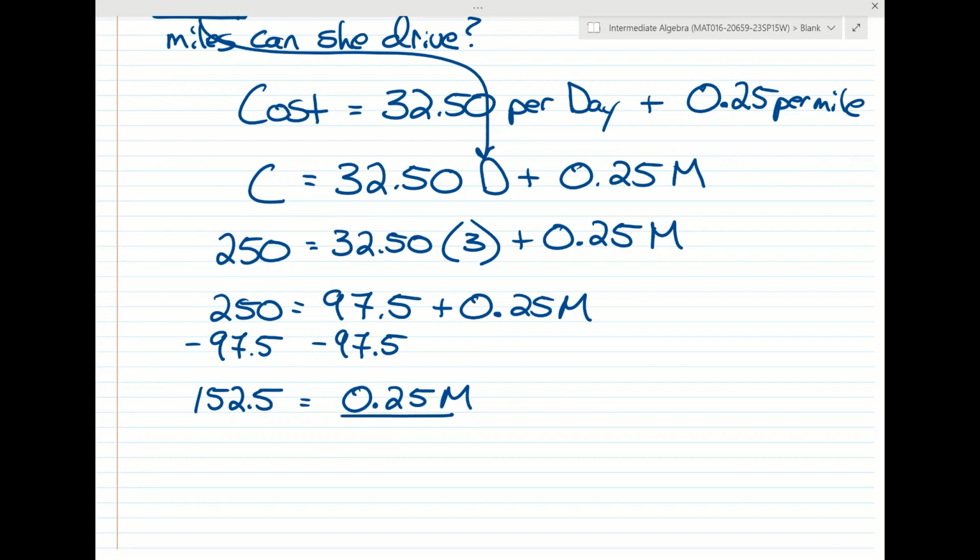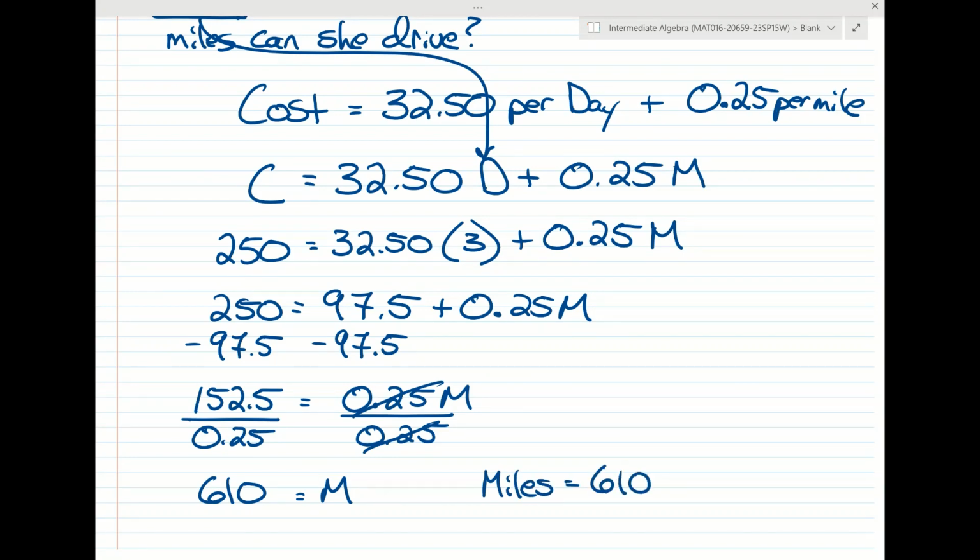So if we just divide both sides by 0.25, $152.5 divided by 0.25 is 610. We could also just say, she could drive 610 miles. It doesn't matter if you change the order.